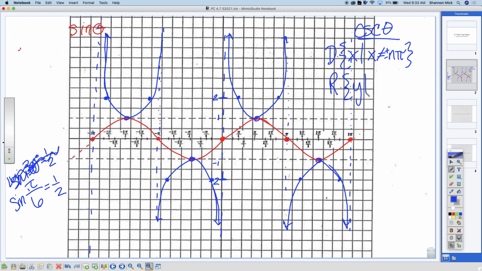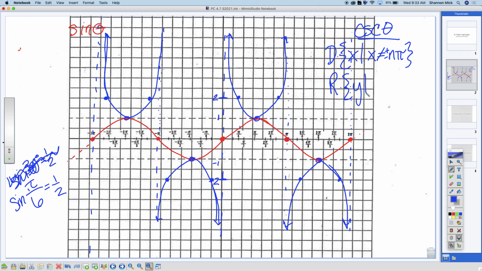So y used to go from -1 to 1. Now it goes from -2 to 2. Does the graph exist in here at all? No, it's dead. It goes from 2 on up, and from negative 1 down to negative infinity.